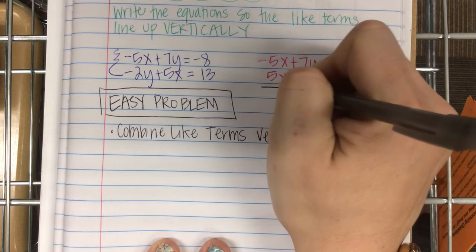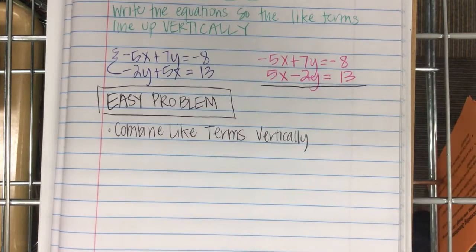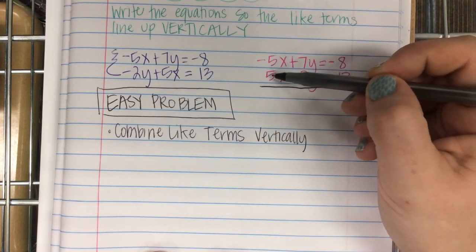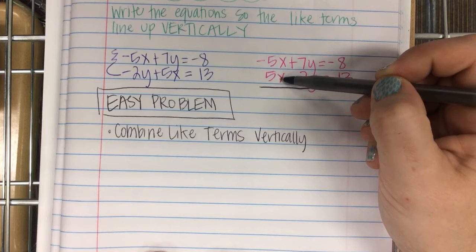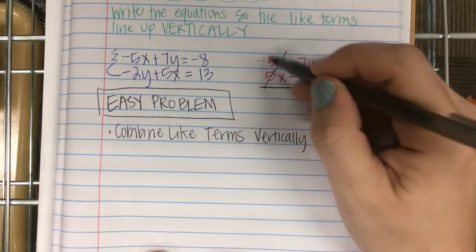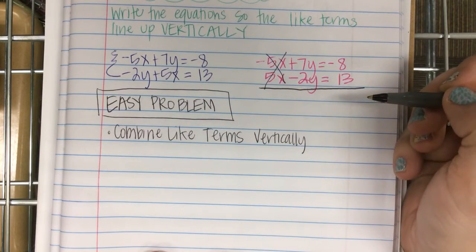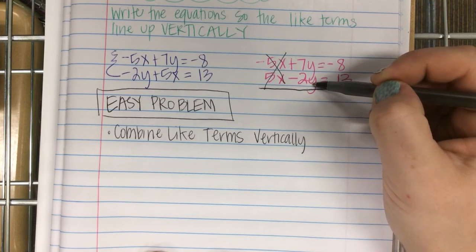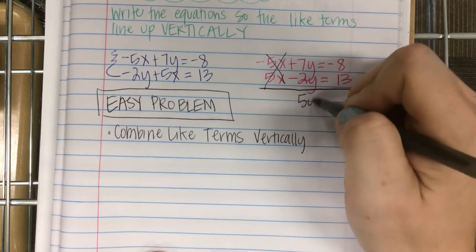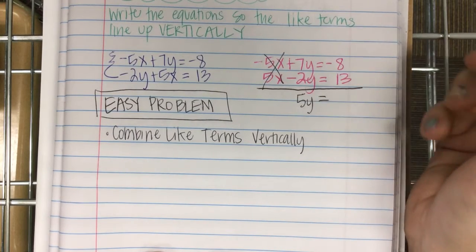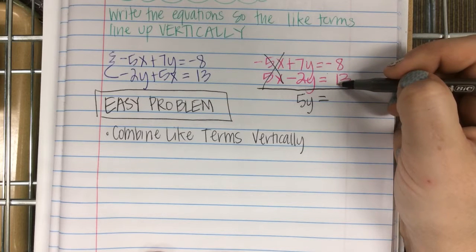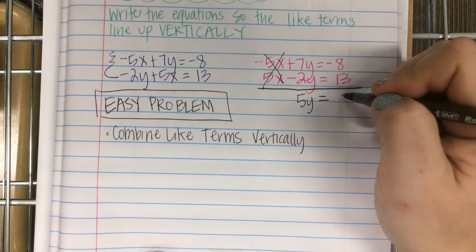So if I draw a line underneath my problem, and I combine like terms, negative 5x and positive 5x make what? 0, so they cancel out. 7y minus 2y is what? 5y equals negative 8 and positive 13, 5.